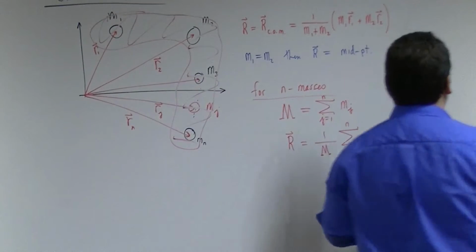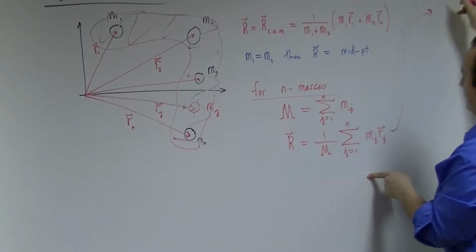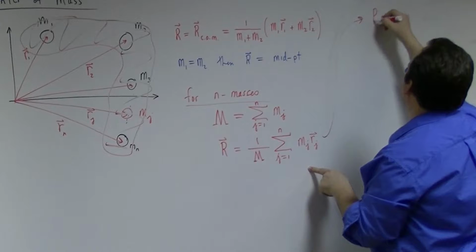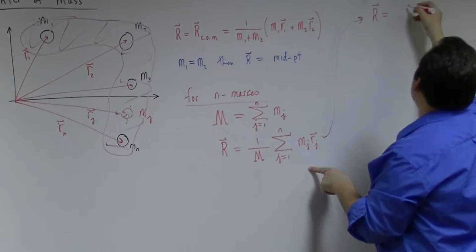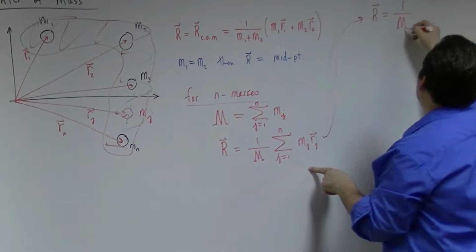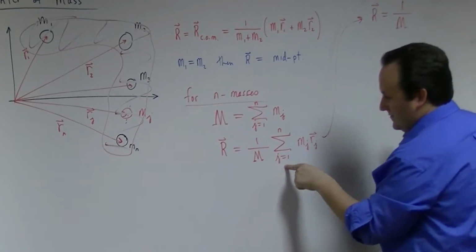In that case, you should have something like R equal to 1 over the total mass, and the summation.